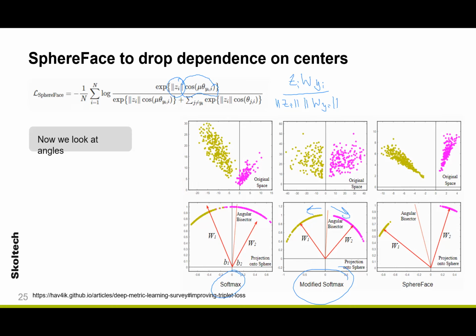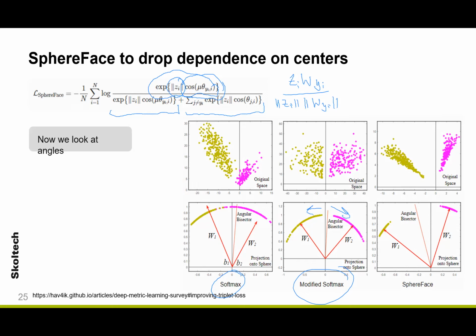So our loss has this form. We again take some distance, in this case a cosine distance multiplied by the norm and exponentiated, between an object and the true class of this object, and divide by this term plus terms related to all other possible classes we have in our sample.